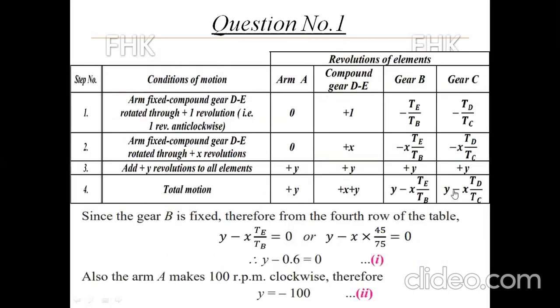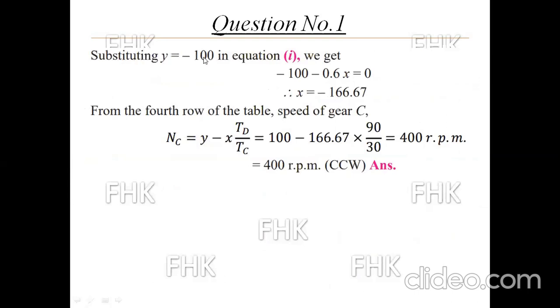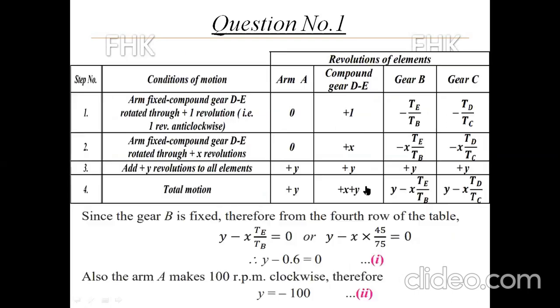So speed of C is equal to y minus x, td by tc. How much? So y is equal to minus 100, so minus 100 into 0.6x. Y minus x, we have to find out x, with number of teeth given as 45 and 75. 45 we have already found out. So this term is 0 because gear B is fixed.